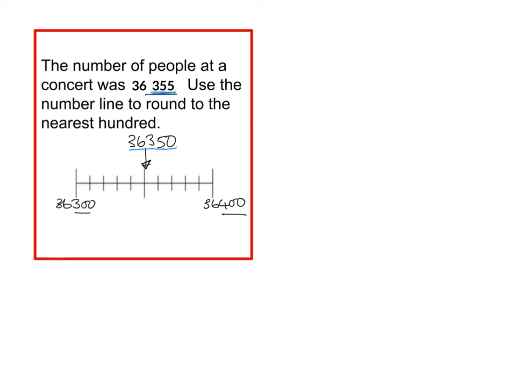Well, this is 350, so 36,355 would come after, somewhere here. So we can say that this number is closer to this. So we would say 36,355, we can do that wobbly equal sign, which means it's close to, it's approximately 36,400.